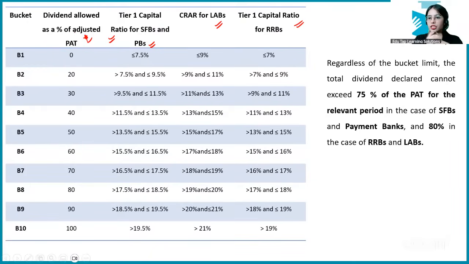Shall we start the discussion on this table? Okay. See, now, CRAR for the commercial bank is how much? 9%.